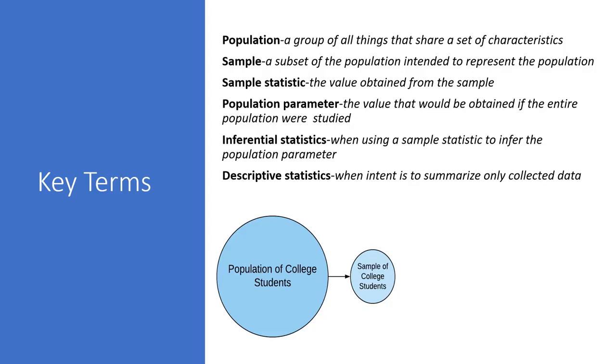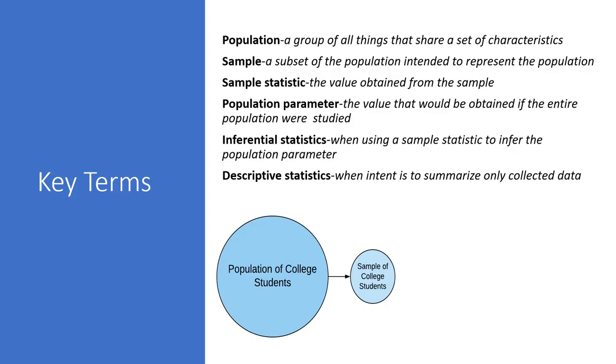Let's suppose that I am a scientist who's interested in studying the population of college students. Now, the population of college students is way too big for me to study. In the world, of course, there would be millions and millions of college students, and there's no possible way I could study all of them.